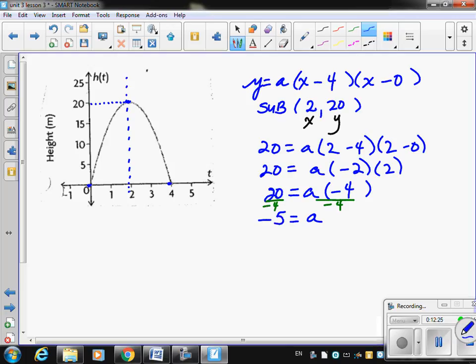And I expected a negative because it's upside down. The scale is also very different vertically than it is horizontally, so it would be really difficult to determine that a value by looking at your graph. y equals negative 5 times (x subtract 4) times, I don't want to write x subtract 0, I'm just going to write x. And that is our final equation.